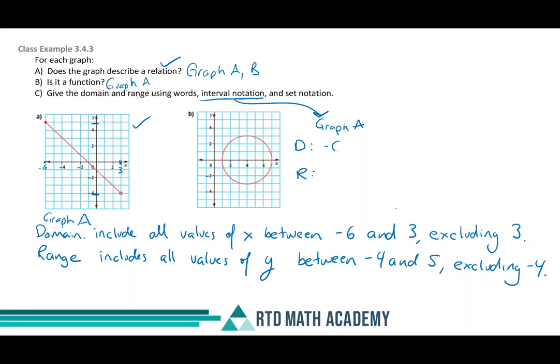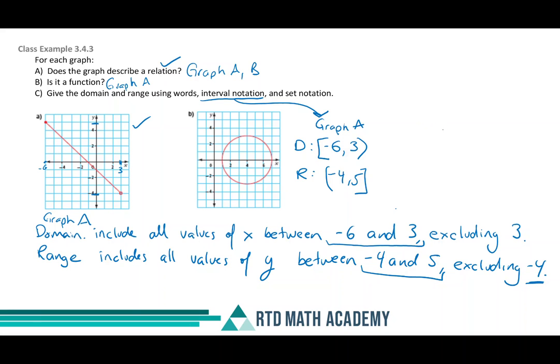In this particular case for the domain, it's -6. Our largest number is +3, and we've written that down so we don't have to go further than that. We did not include +3, but we did include -6. So we have a square bracket around the -6 and a round bracket around the +3. Our range, we went from -4 up to 5, but we excluded -4. So a round bracket around the -4 and a square bracket around the +5.